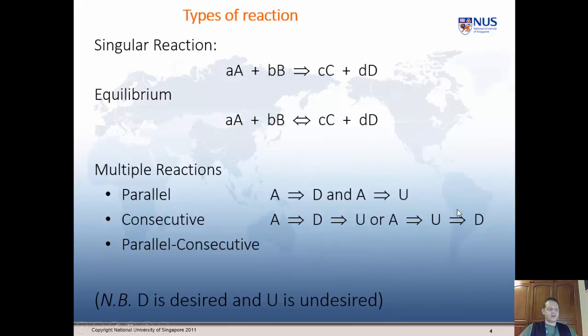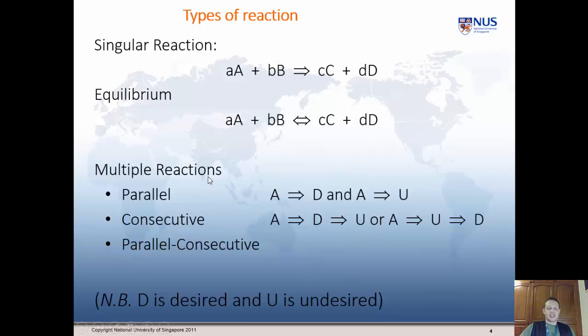Okay. For the avoidance of doubt, let's just go through what I mean by some of these expressions. A singular reaction: a moles of A going to b moles of B plus c moles of C plus d moles of D. Or an equilibrium, where you have it going both ways.